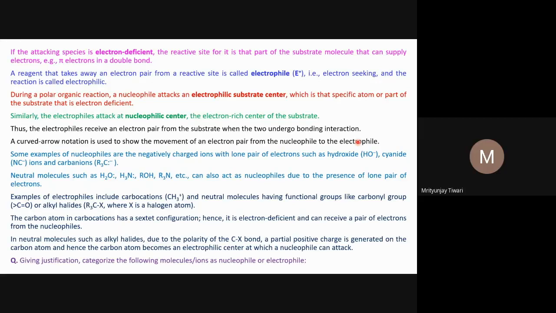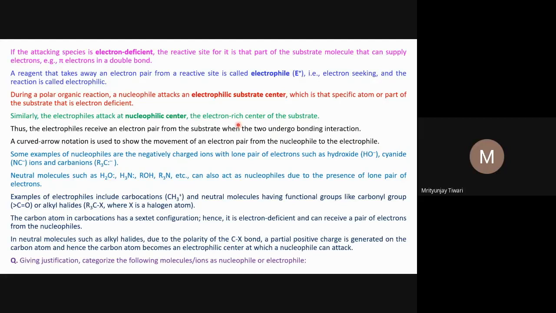We have seen this kind of thing earlier in heterolytic fission. We start the arrow from the middle of the bond to represent that this shared pair of electrons is moving, and we end the arrow at the atom which is accepting the electron pair in heterolytic fission.